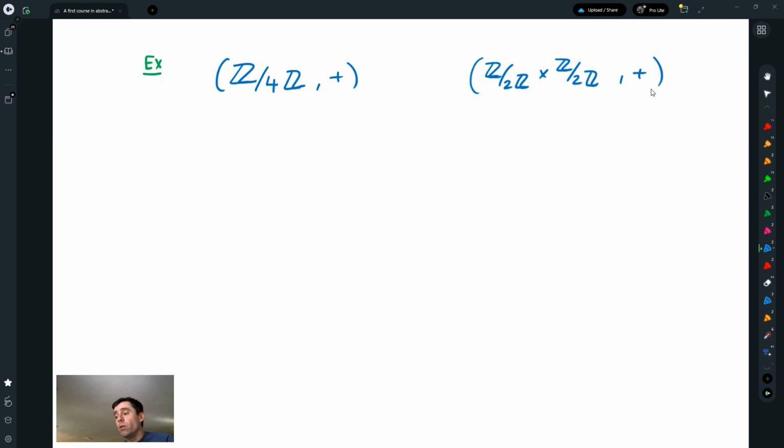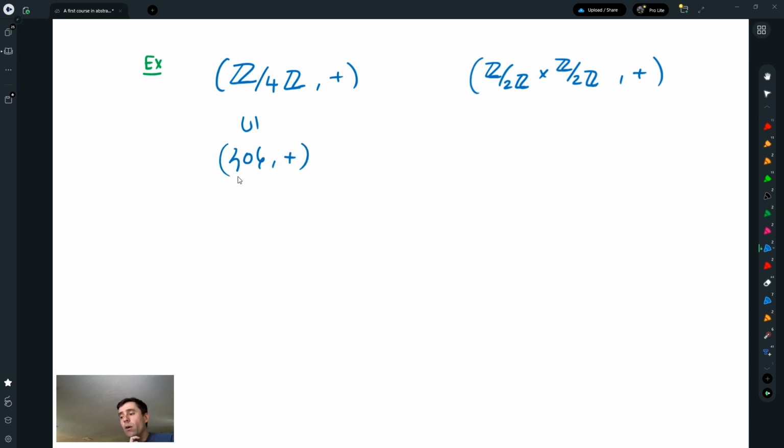So there is something called the lattice of subgroups. We can actually list, in this case, what are all the possible subgroups. And in this case, there is 0. The trivial subgroup is a subgroup.